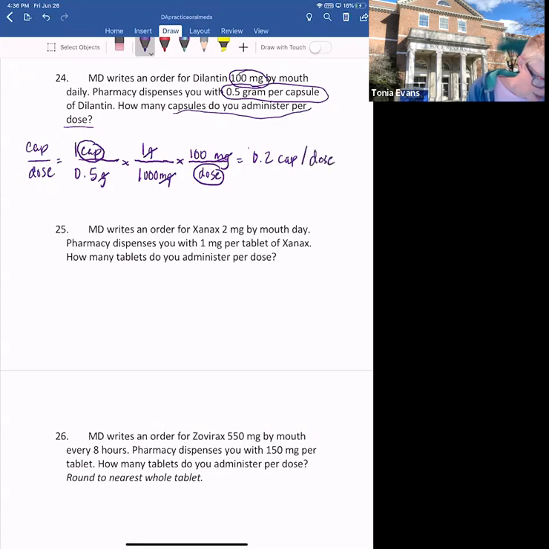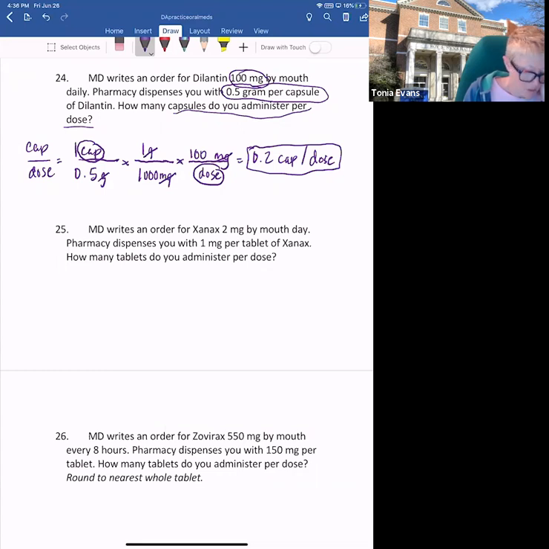Just to do the math, that would be the right answer, but obviously for a capsule, you're not going to have that. You're not going to have 0.2 capsules because remember, we can't split a capsule. Typically, capsules will say round to the nearest whole.